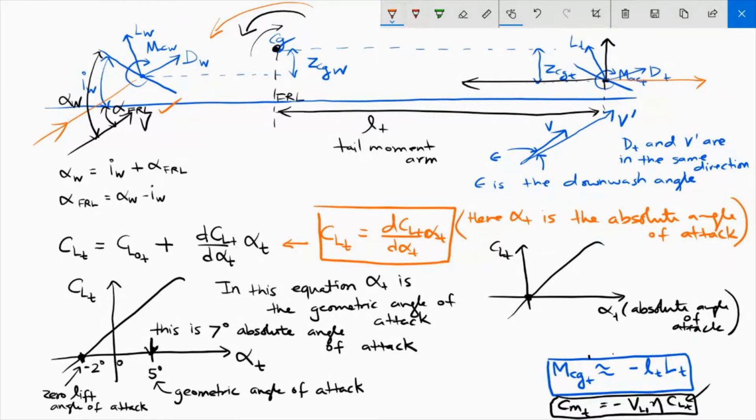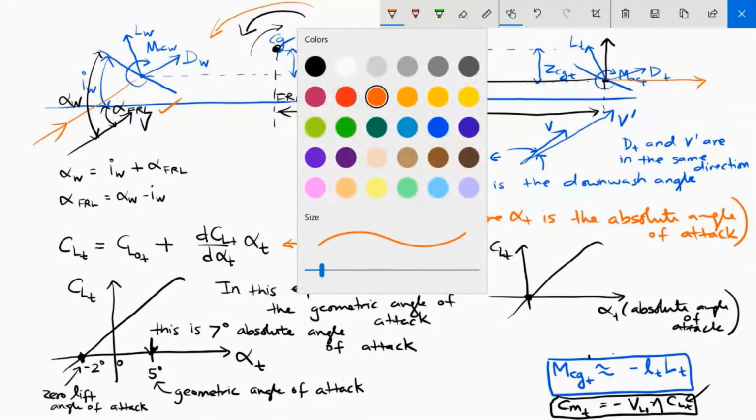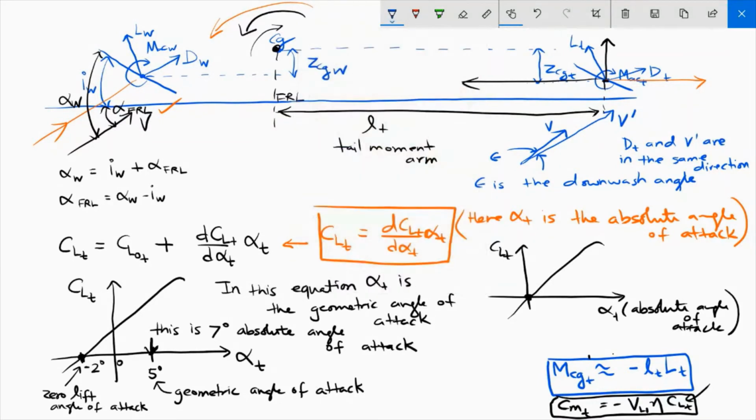Now, let's think about this alpha t, the angle of attack seen by the tail. I think we've discussed this in the last lecture as well, but I'll recap it here. So let's say this is the tail section, this is the fuselage reference line, and this angle is the angle at which the tail is mounted to the fuselage.